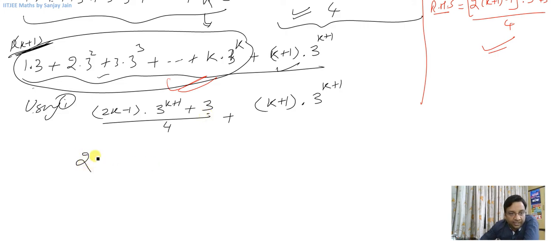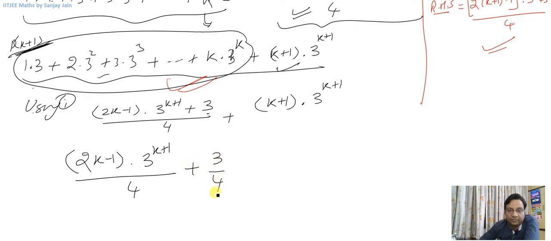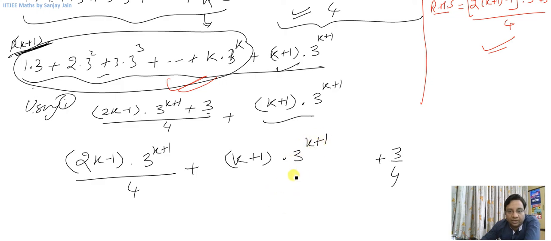So let me write this as 2k minus 1 into 3 raised to power k plus 1 divided by 4, then plus 3 by 4. Let me write this term in the end, k plus 1 into 3 raised to power k plus 1. Now I'll be able to take this as common, right?